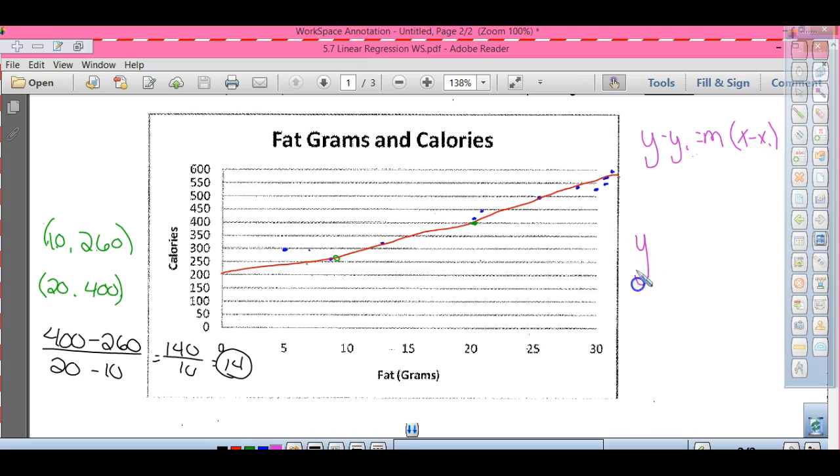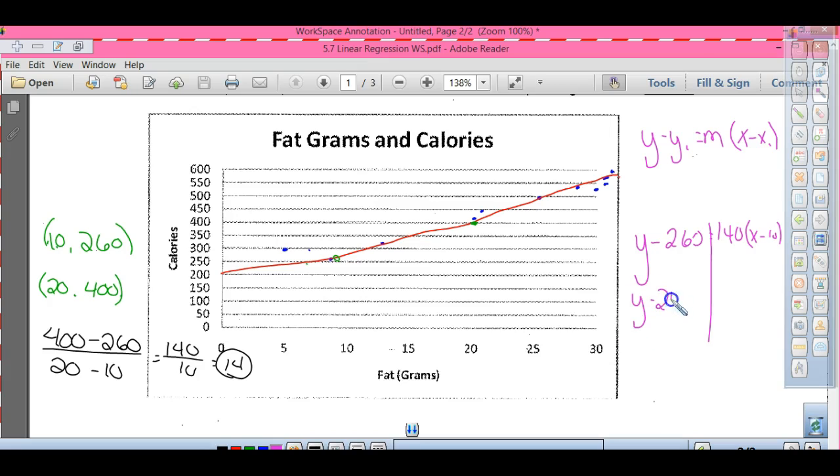So y minus 260 equals 14 times x minus 10. Then I distribute.